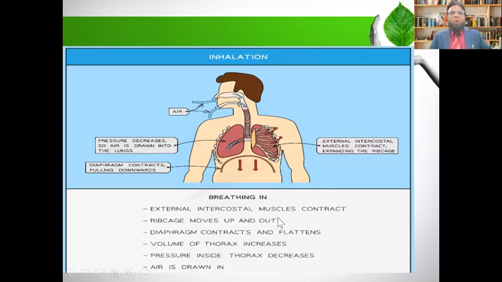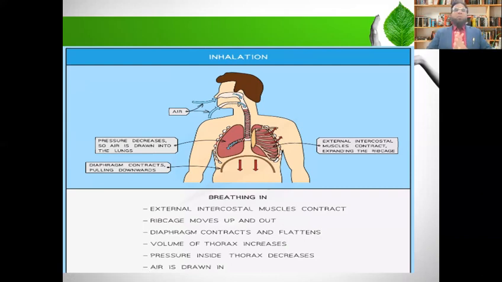The diaphragm contracts and flattens. Volume of thorax increases. Pressure inside the thorax decreases. The air is drawn in. As the pressure inside the lungs decreases, air can easily enter into the lungs.